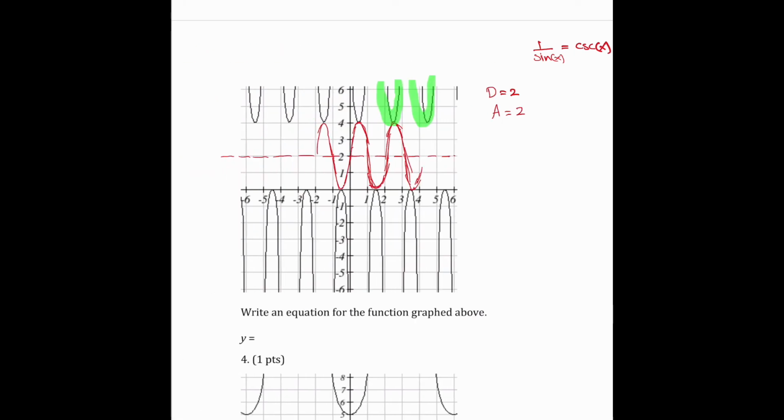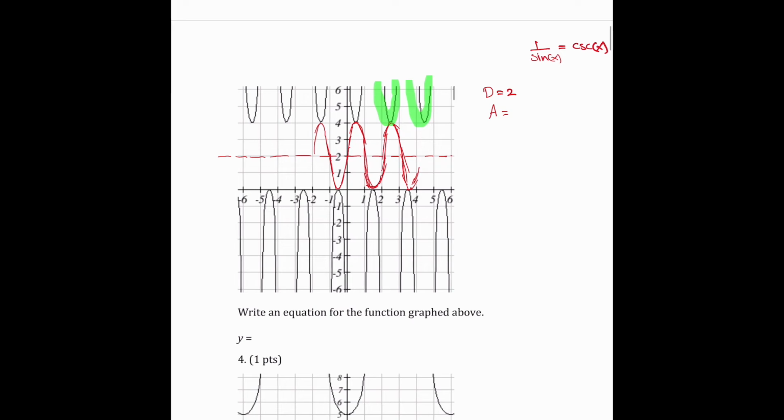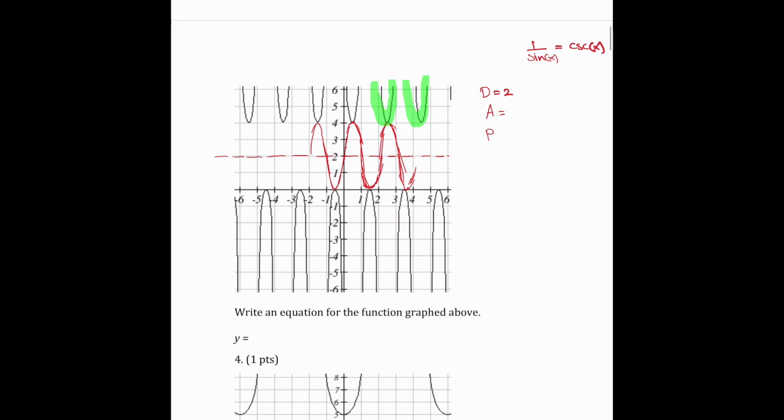The next step is to find B. In order to find B, we need to find the length of the period. So here is the length of the period. Here is one period. So the length of the period is 2 units. So A is equal to 2.